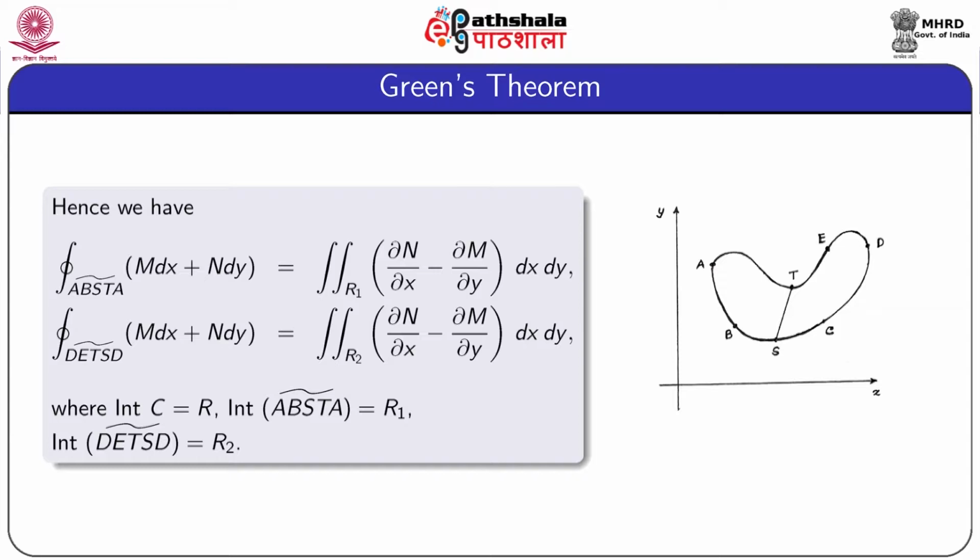Here we have the integral over the curve ABSTA of m dx plus n dy equals the double integral over the region R1 of (del n/del x minus del m/del y) dx dy, and the integral over the curve DETSD of m dx plus n dy equals the double integral over the region R2 of (del n/del x minus del m/del y) dx dy, where the interior of C is R, the interior of the curve ABSTA, which is a closed curve, is R1 and the interior of the curve DETSD is R2.